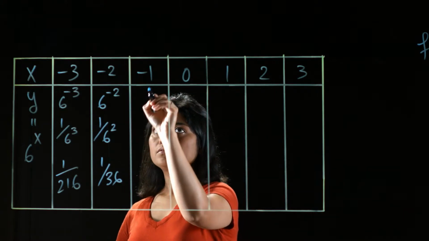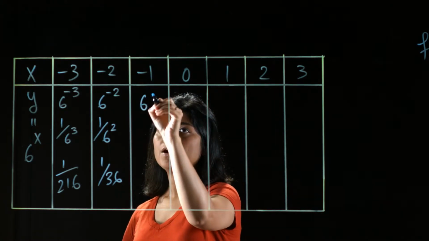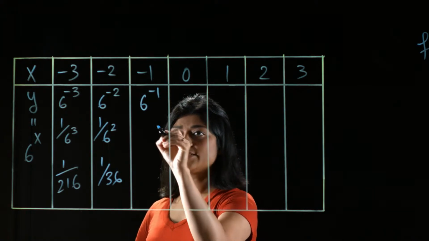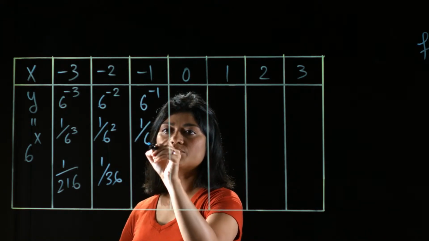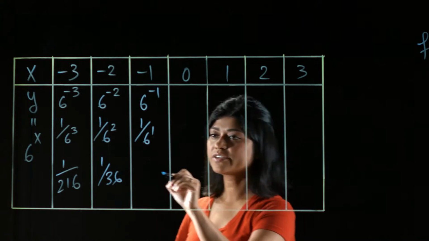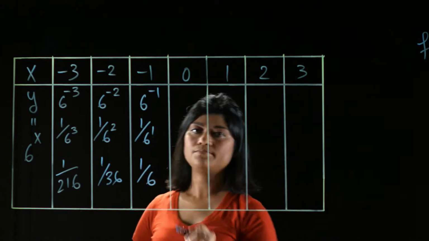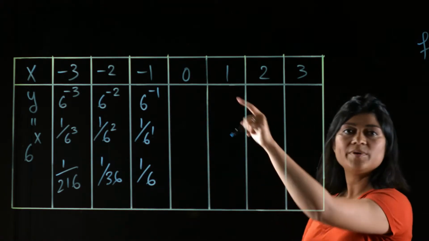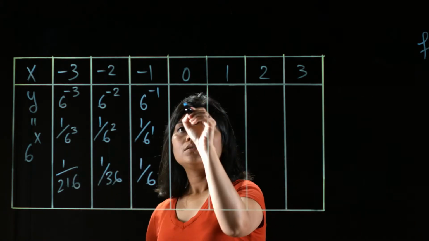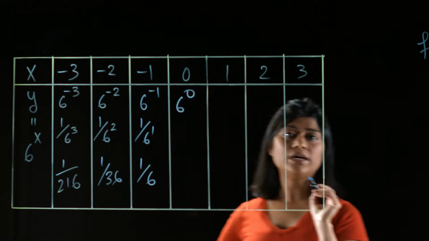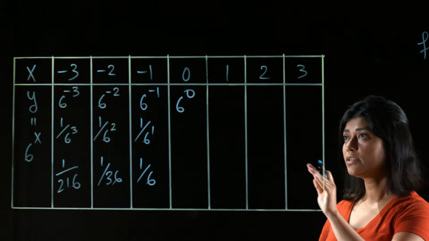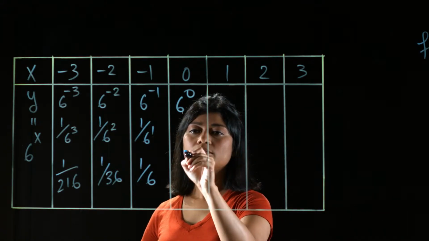In the same way, for -1, it is 6 to the power -1, and that is 1 over 6 to the power 1, which is just 6. So this is 1 over 6. Now what happens at 0? It is 6 to the power 0, and again we know the property of exponent, 6 to the power 0 is 1.